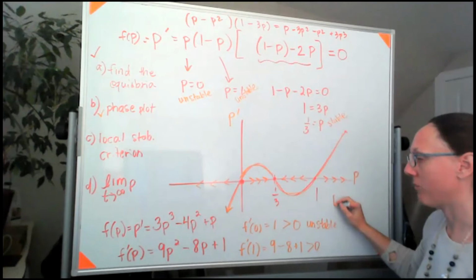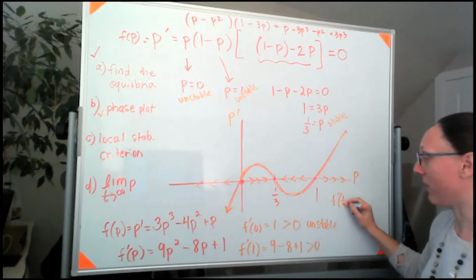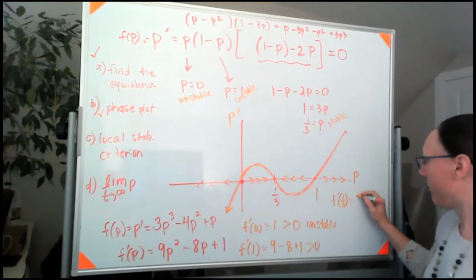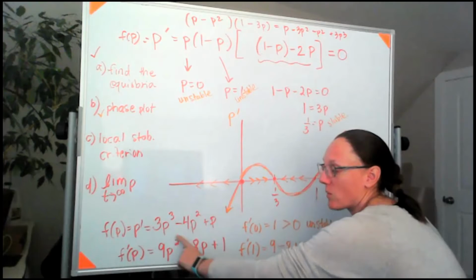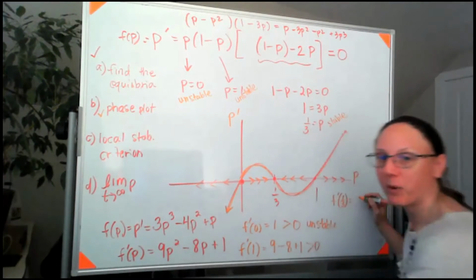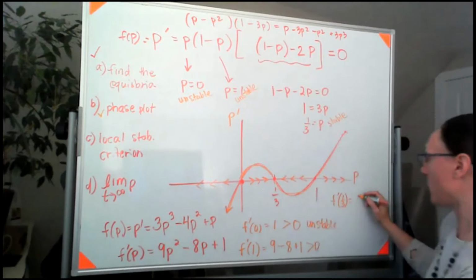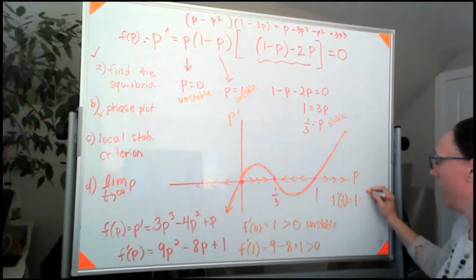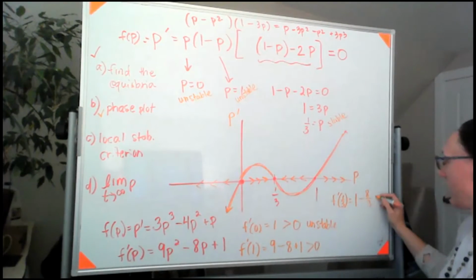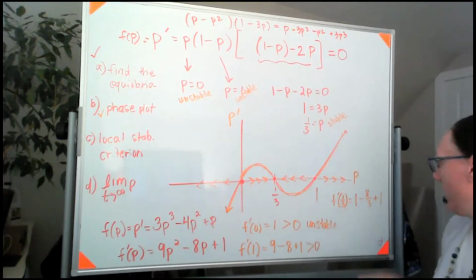And now we get to have fun with fractions. So f prime of 1/3 would be 9 times 1/3 squared, but 1/3 squared is 1/9, and 9 times 1/9 is 1, minus 8/3 plus 1.